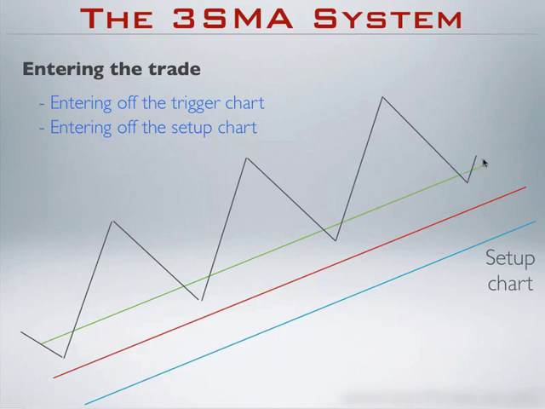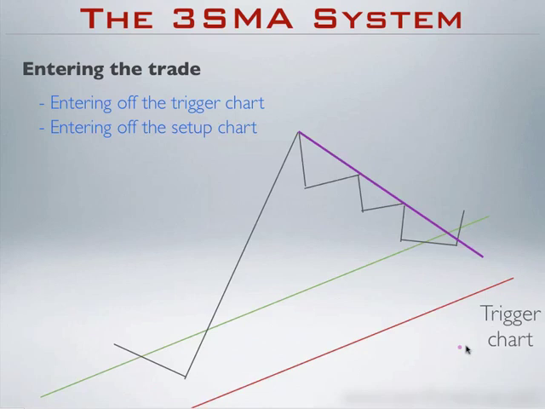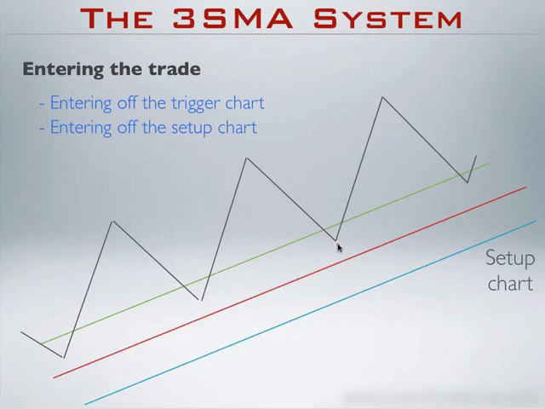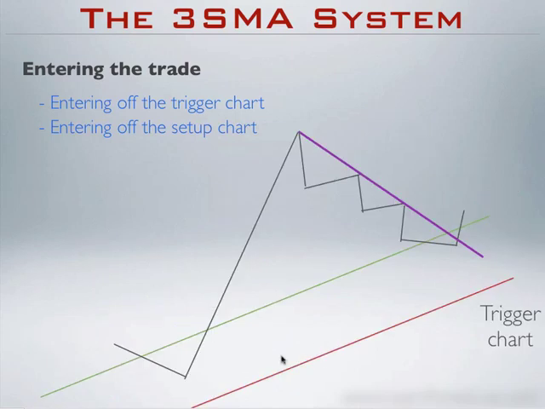How would we go about triggering this trade off the trigger chart? Well, this is how. As price pulls back to the dynamic area, we zoom from the setup chart into the trigger chart. Let's imagine this is the last swing from the setup chart, and now we are looking into it from a zoomed in perspective.